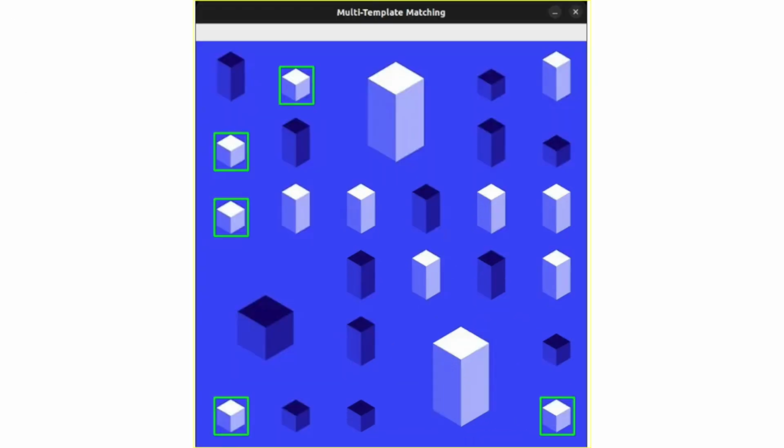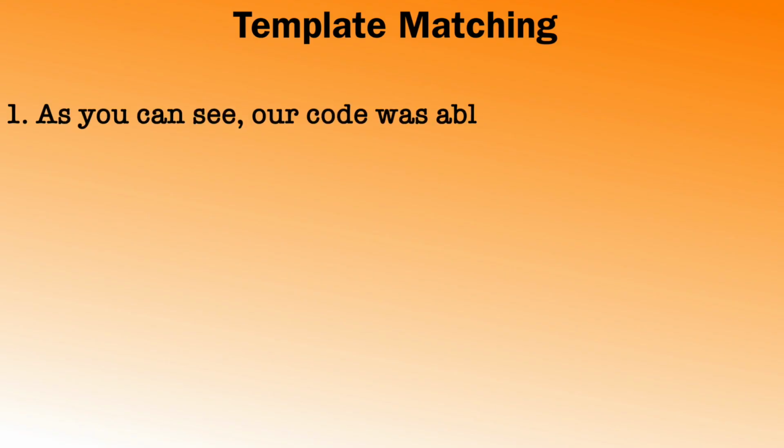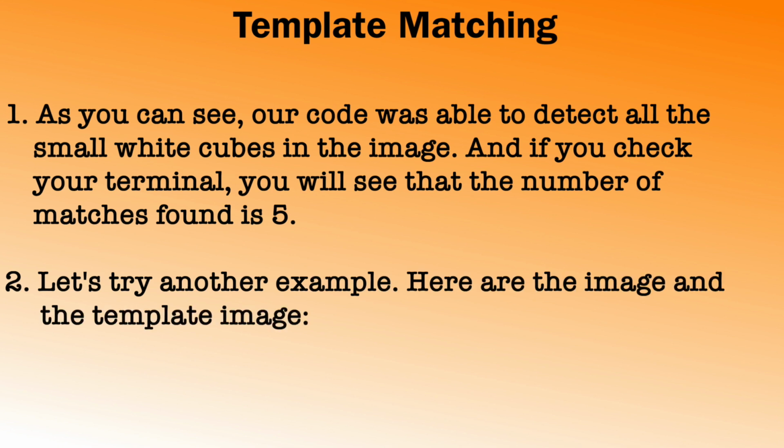Here you can see whichever template you have provided, that height and width can be matched with the input image, and all the small white squares are detected as they are in your input image. As you can see, our code was able to detect all the small white cubes in the image, and if you check your terminal, you will see that the number of matches found is 5.